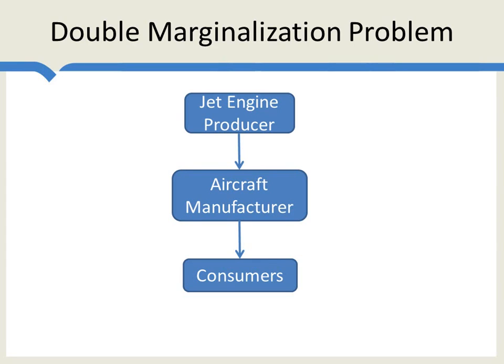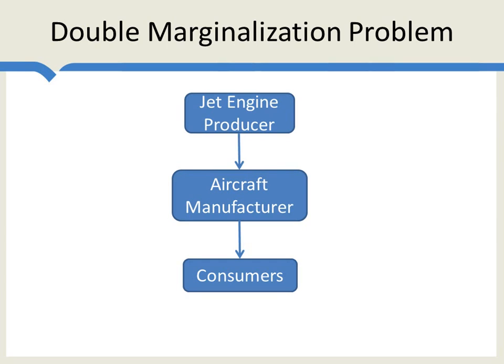But because the aircraft manufacturer doesn't take into account the interests of the jet engine producer, and the jet engine producer doesn't take into account the interests of the aircraft manufacturer, the monopoly prices that they set can be too high. Too high not simply from the viewpoint of consumers, but from their own viewpoint, from the viewpoint of maximizing their joint profits. So Cournot showed that vertical integration would make sense in this case.